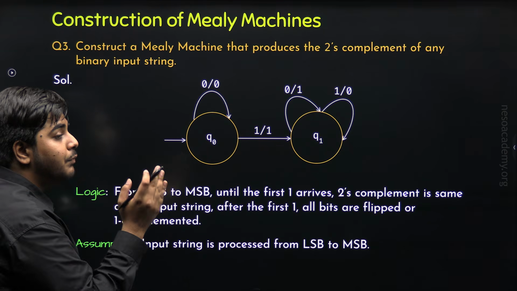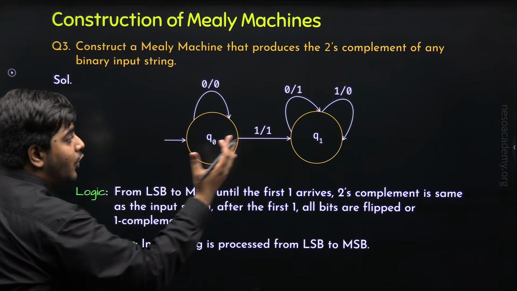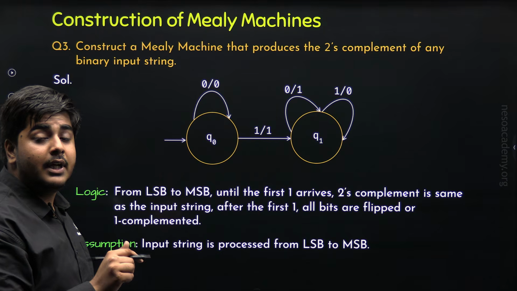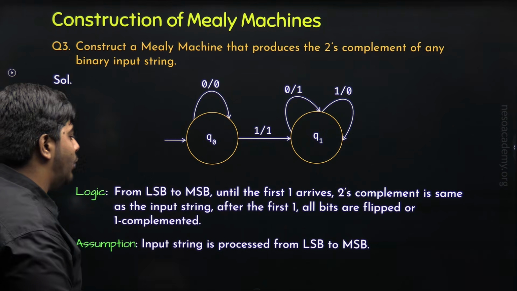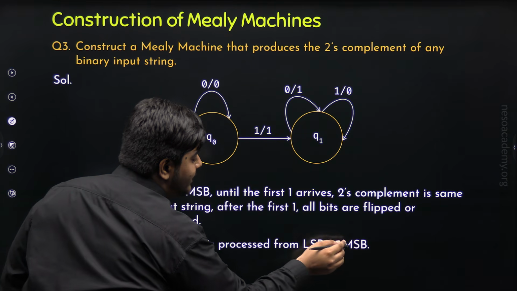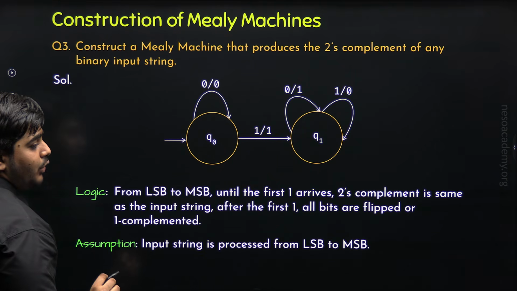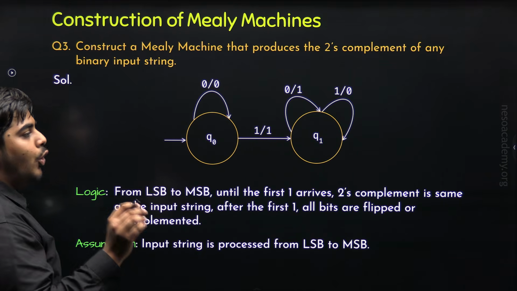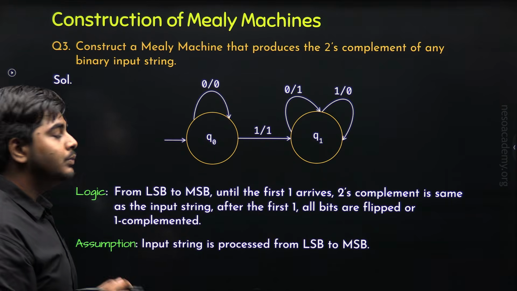But this time we have processed our input string from right to left. So we have taken this particular assumption. That is why we need to mention this point, that input string is processed from LSB to MSB while solving this particular question. And that is our assumption. So I hope this problem is now clear to you.